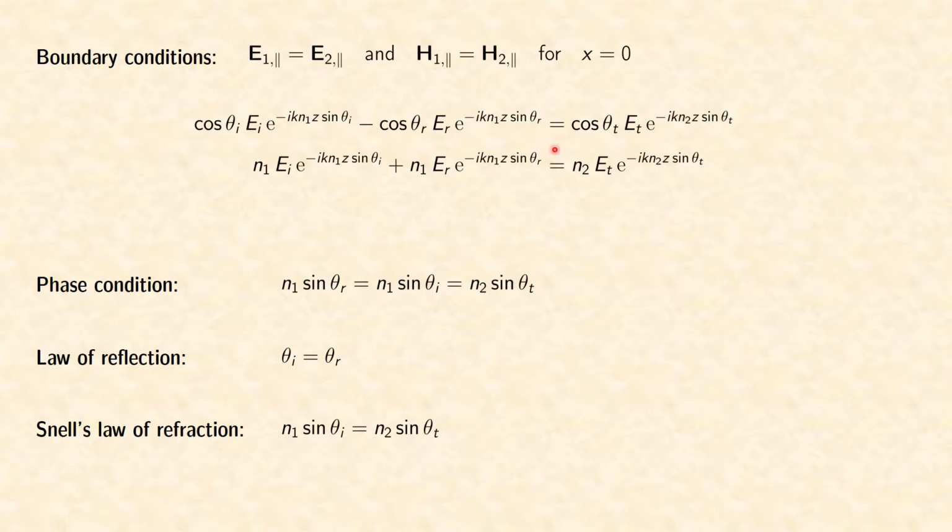And the second equation comes from the magnetic field, and in that case we have a y polarization which is always parallel to the surface. So this is the easy one.